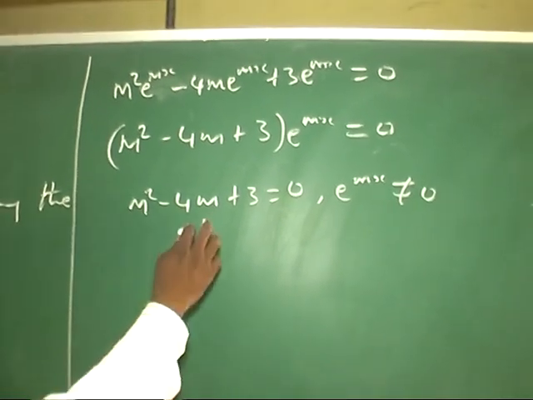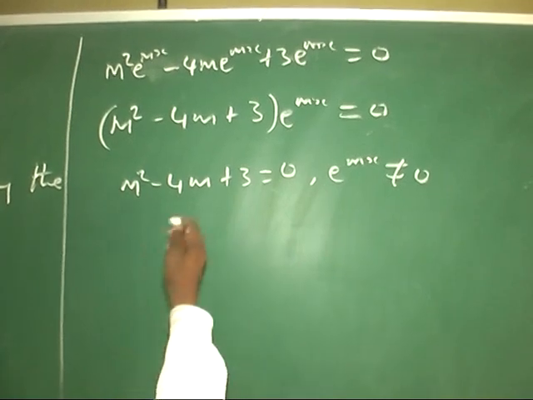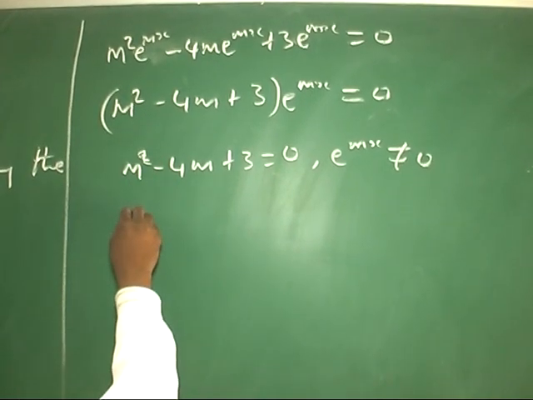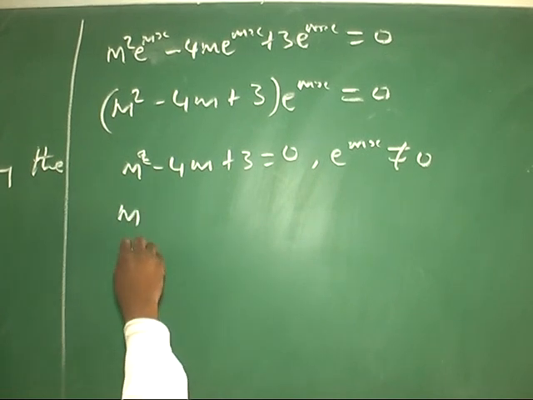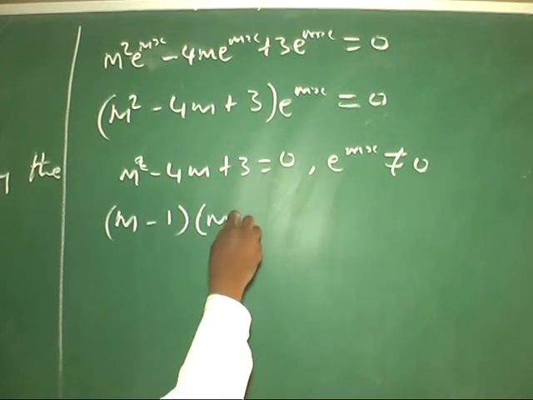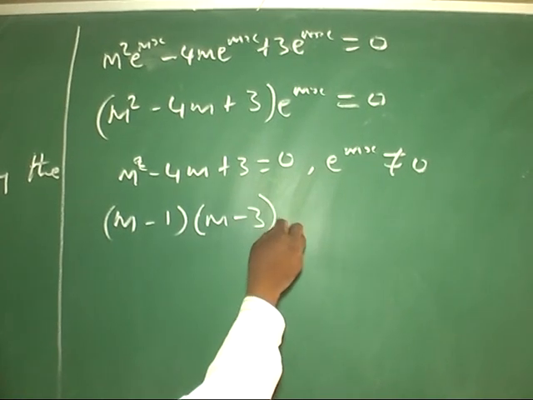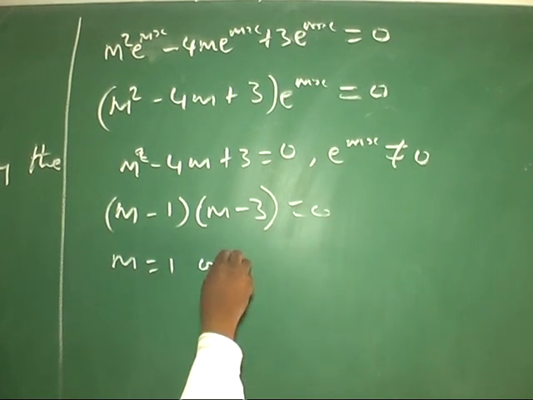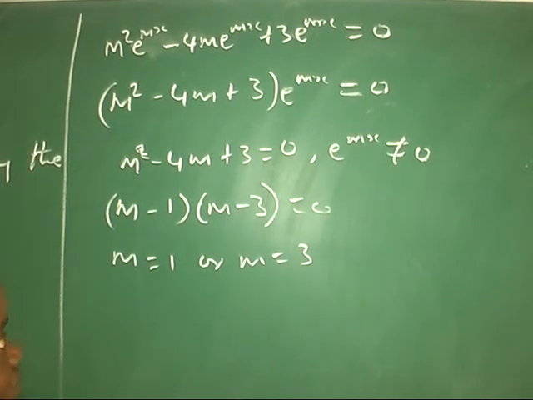So we'll solve this, and by the quadratic equation this gives us (m minus 1)(m minus 3) equal to 0, so that m is equal to 1 or m is equal to 3.